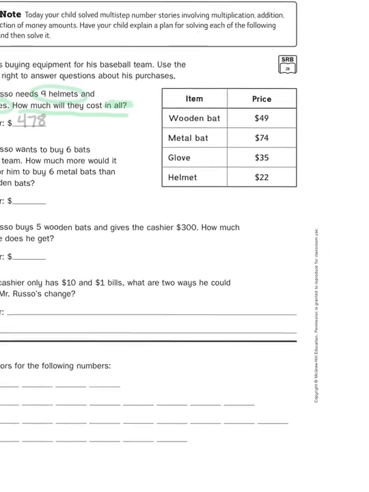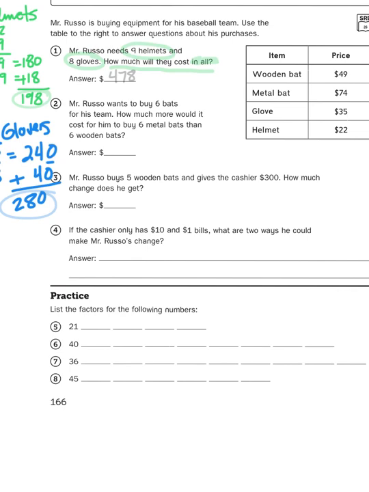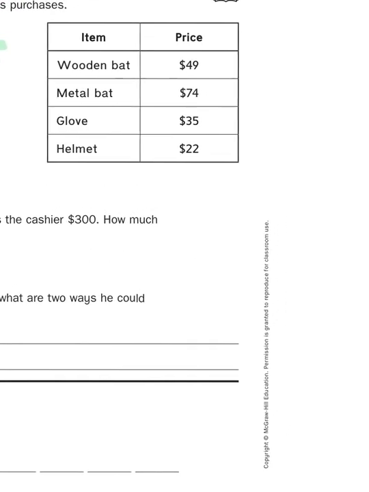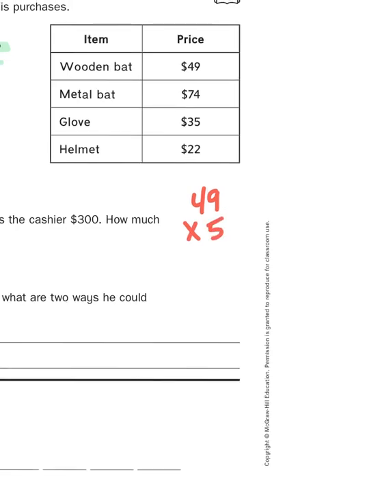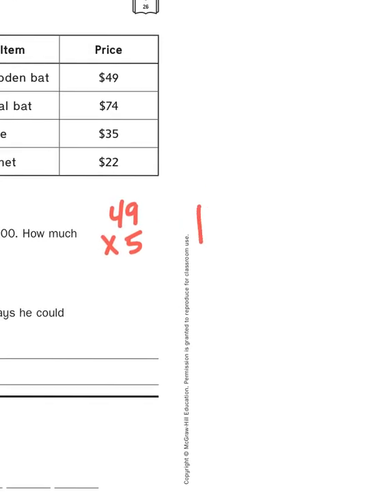So a wooden bat costs $49. So I'm going to multiply 49 times 5. I think this time I'll do it partition rectangle style. 49 is 40 and 9 ones.